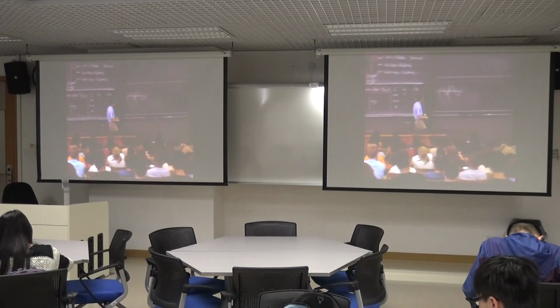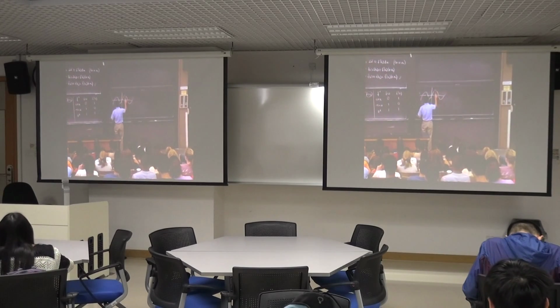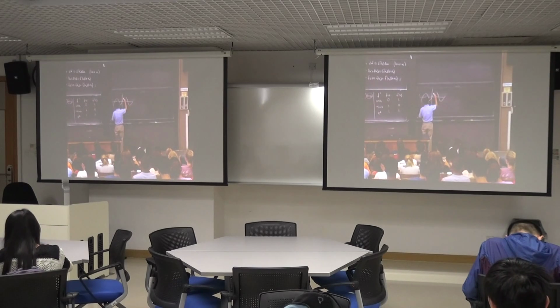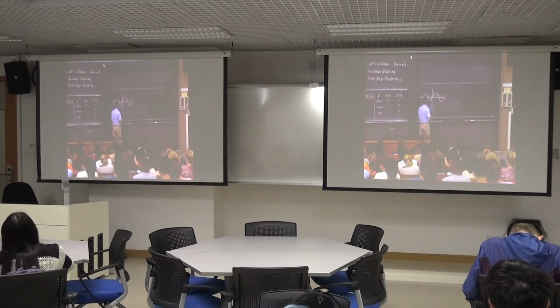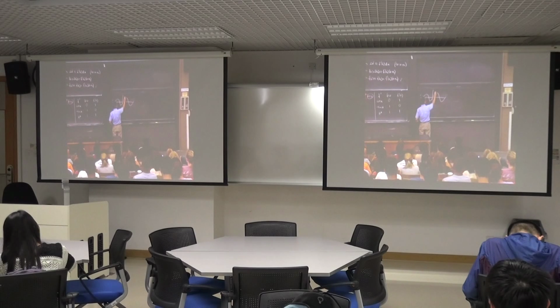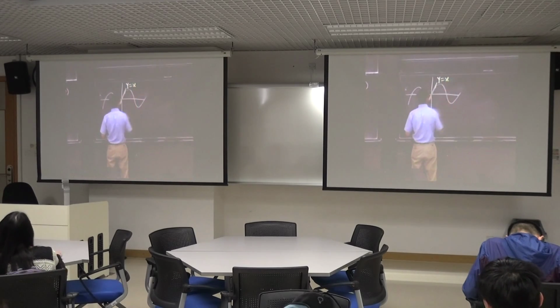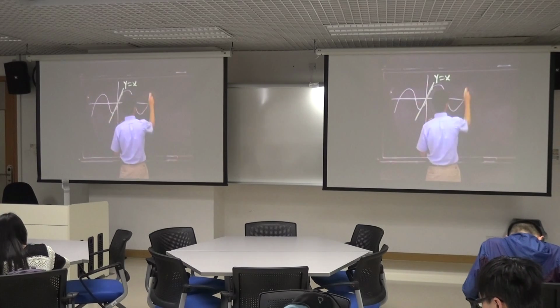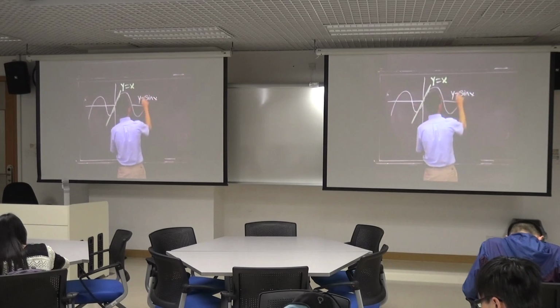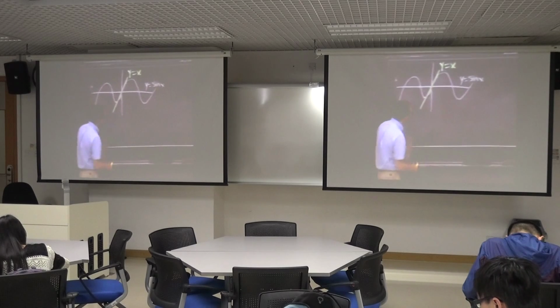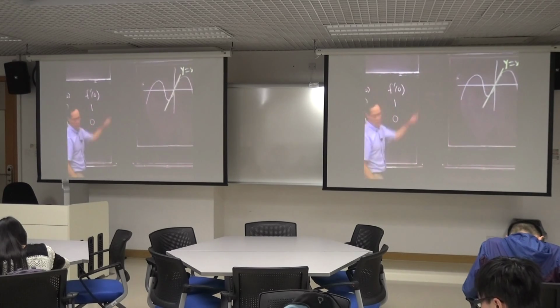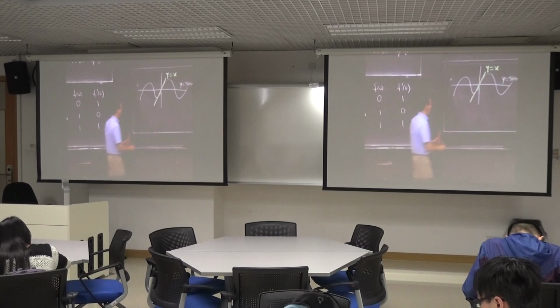Let's try to make the two bumps be the same height, roughly speaking. Anyway, the tangent line we're talking about is here, and this is y equals x, and this is the function sine x. And near 0, those things coincide pretty closely.